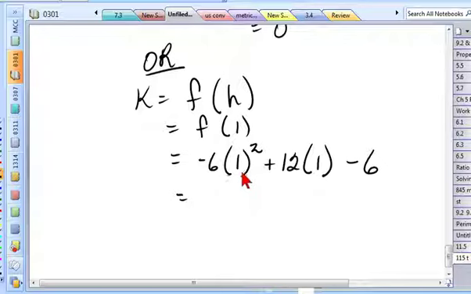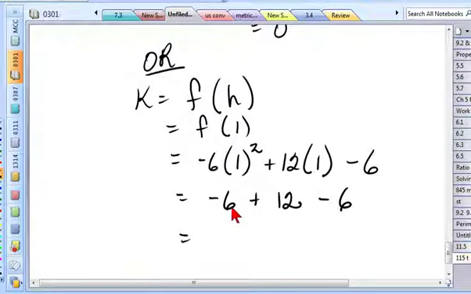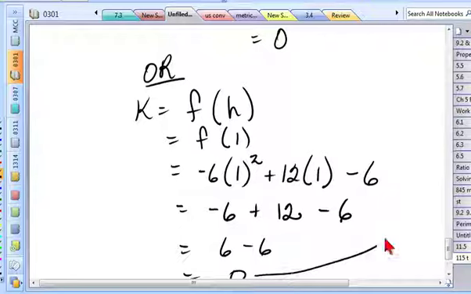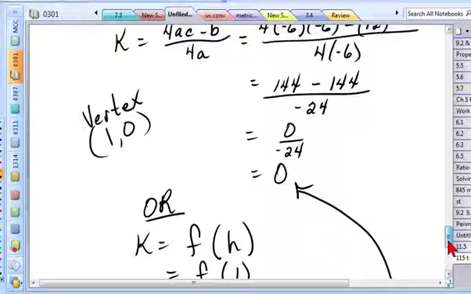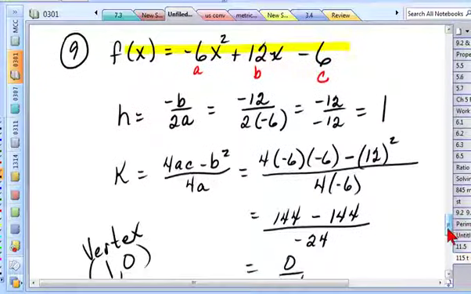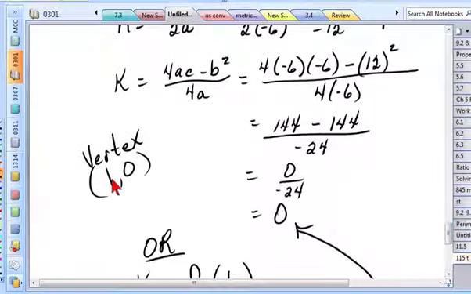All right. 1 squared is 1 times negative 6 is negative 6 plus 12 minus 6. Negative 6 plus 12 is 6 minus 6 is 0. Same answer. Okay, so you pick the way you like to do it to get the vertex. Now this one opens downward because of the negative sign. And the axis of symmetry is the vertical line x equals 1.